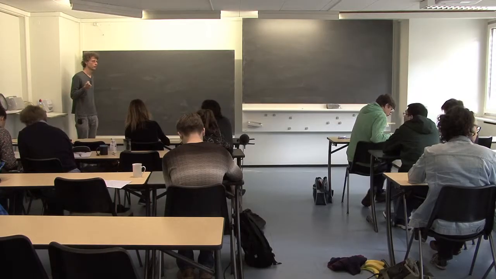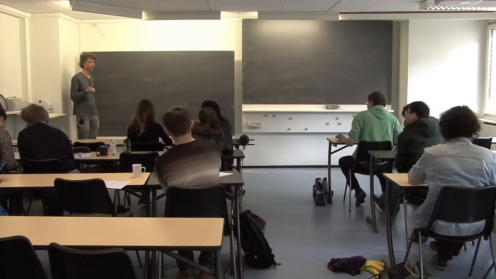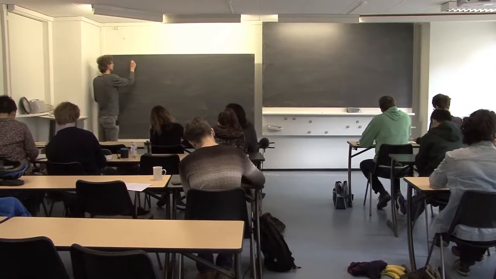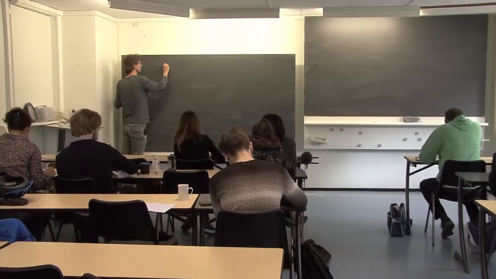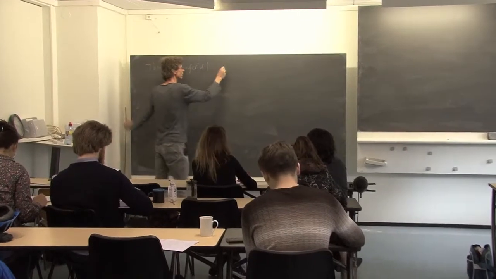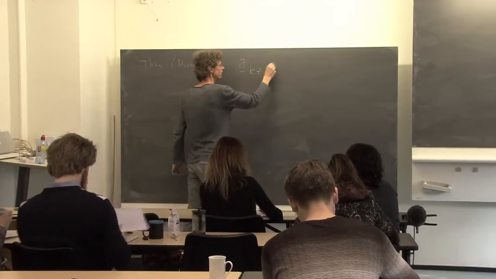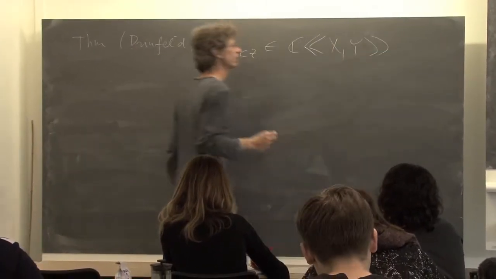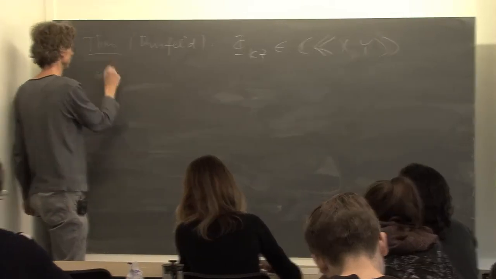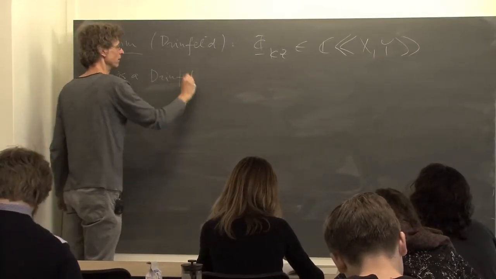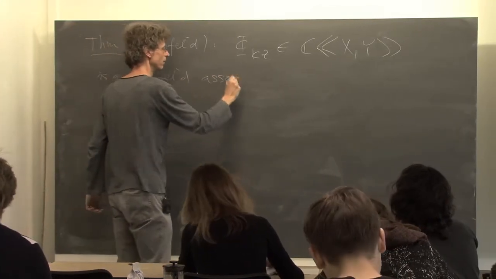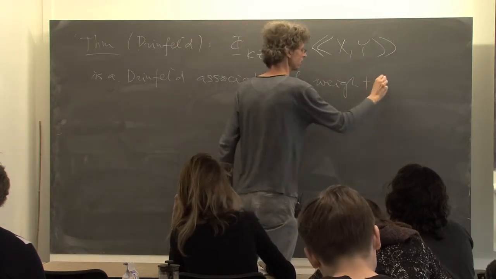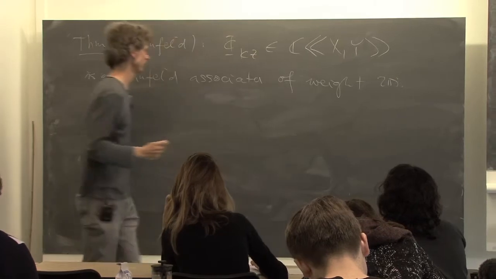Okay, so let's now get to it. Now the main statement is that this phi KZ that I just erased is an associator. So a theorem of Drinfeld is that this is an associator of weight 2 pi i.